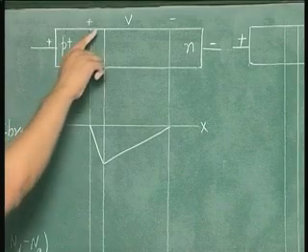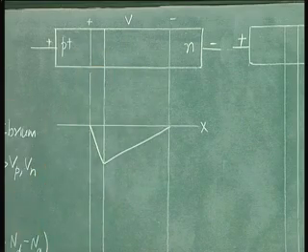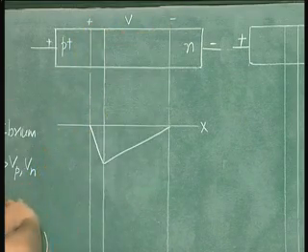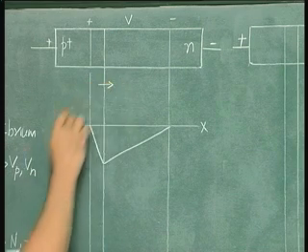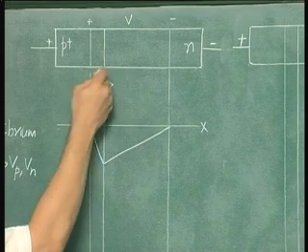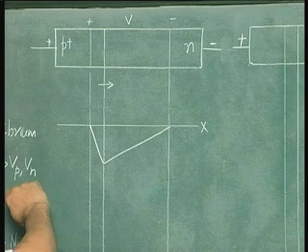So that is why the voltage comes across this space charge layer, and you can see the electric field because of this voltage is in this direction from P to N, and this electric field is superposed on already existing electric field in the depletion layer.